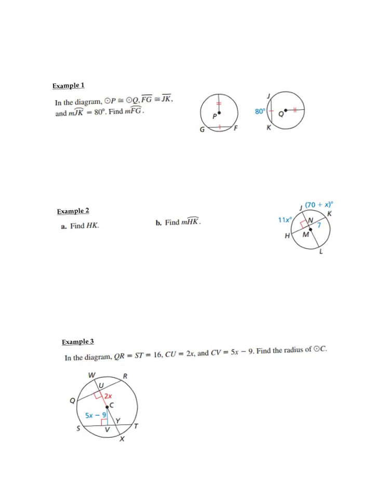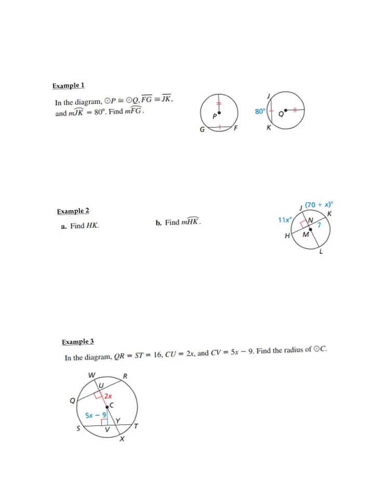Okay, so let's look at example 1. In the diagram, circle P is congruent to circle Q, and FG is congruent to JK. The measure of arc JK is 80 degrees. We want to find the measure of arc FG.